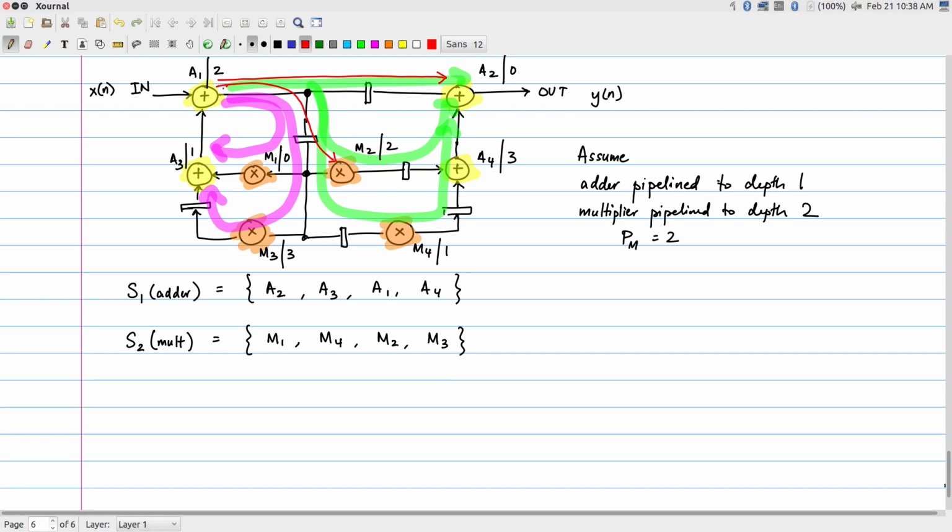The edge from A1 to M4 has two delay elements on it, because when I take that path, I have to pass through two such registers. So there are two options available to you here. Either you go through this and make sure that you count the number of delay elements properly, or you redraw the original block diagram as a data flow graph just for clarity, so that the exact number of delay elements are easily visible.